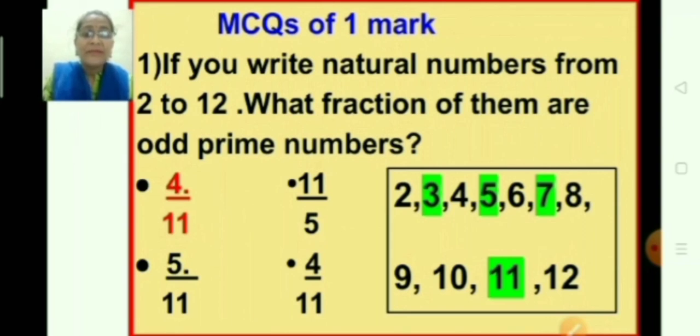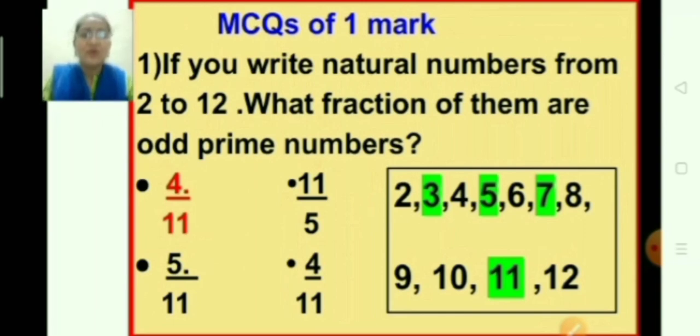So the odd prime numbers between 2 and 12 are 3, 5, 7 and 11. So here we have 4 odd prime numbers. So our fraction will be 4 by 11, which is marked on the screen.